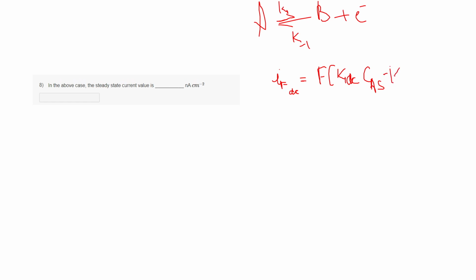So again, this is another question. If you don't get the 7th and 6th question correct, this question will also go wrong, because this involves substitution of CAS and CBS. Got it? So please solve it.